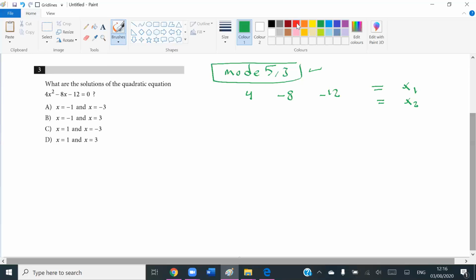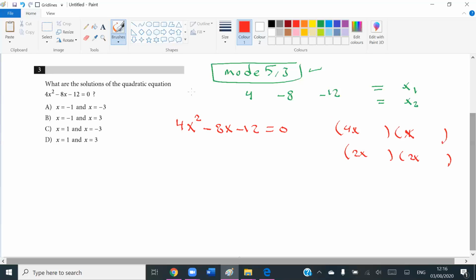I have the equation 4x squared minus 8x minus 12 equals 0. Don't make the factoring directly like this, where you try 4x times x, or x times 4x, or 2x times 2x. It will be complicated like this.